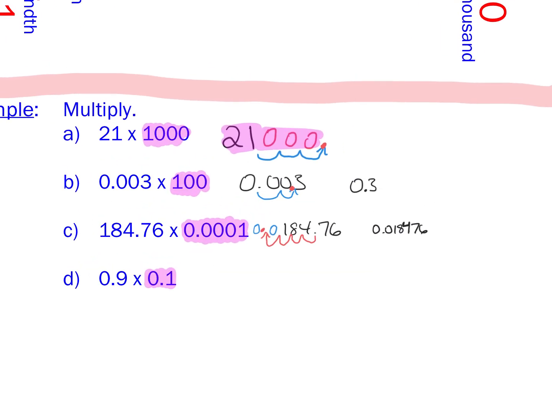So now we're going to take 0.9 or 9/10, however you want to say it, and we're going to move that decimal 1 spot to the left. Going to put it here, have to put a 0 first. So if we rewrite it out, it's going to be 0.09.